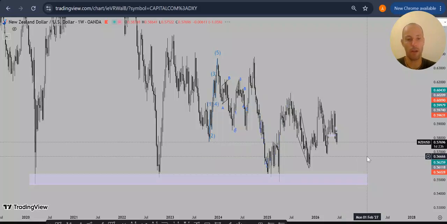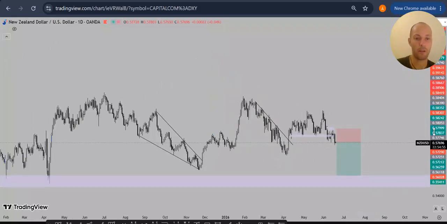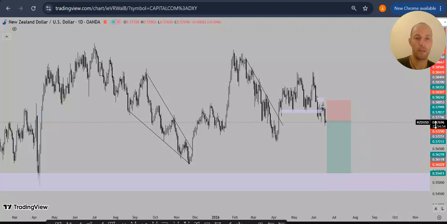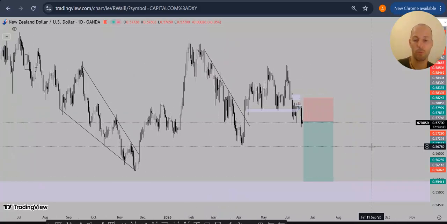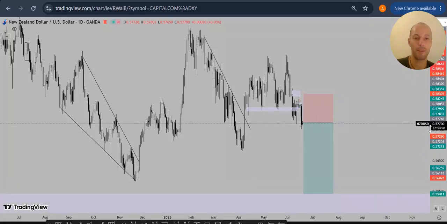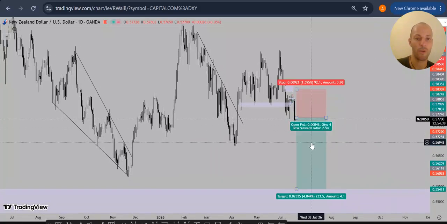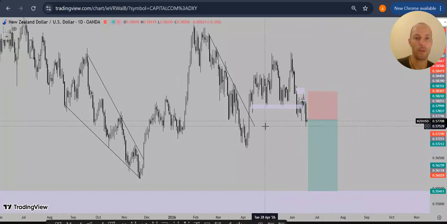So very simple analysis. We want to keep things simple, easy, not overcomplicate anything. There's no need for that. If we see a complicated scenario, if it's not clear, we just go do something else, basically. So this will give us a 1 to 2.5, which is not bad. But again, that's gonna take like weeks to play out.